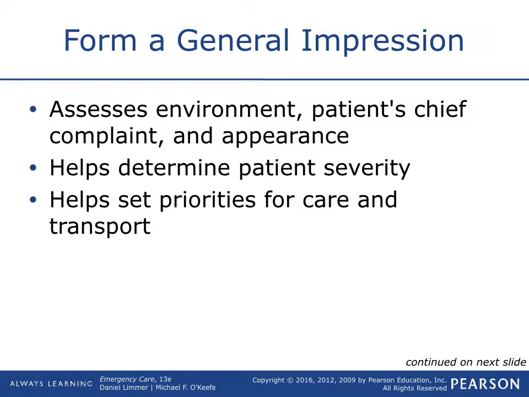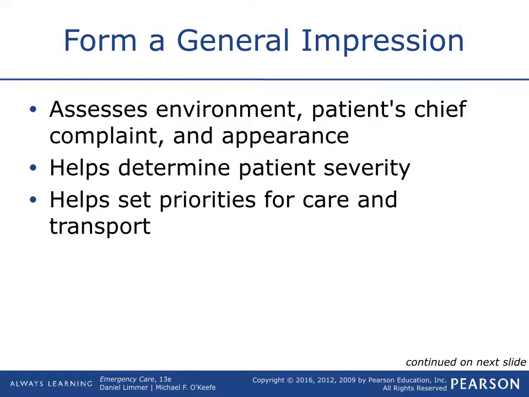So forming a general impression is assessing the environment, the patient's chief complaint, and appearance. Walk in the room. What's their chief complaint? What does the environment look like? And their appearance. If they're sick during flu season, and they've been vomiting for 2 days and they're dehydrated, their appearance is going to show that. If they're a diabetic with very low blood sugar, their appearance is going to show that.